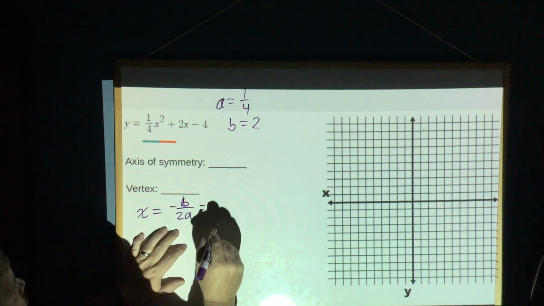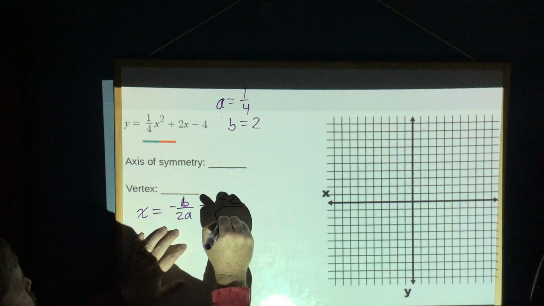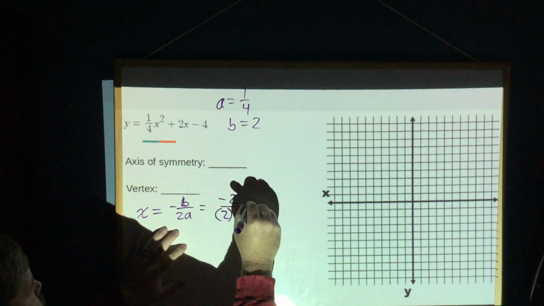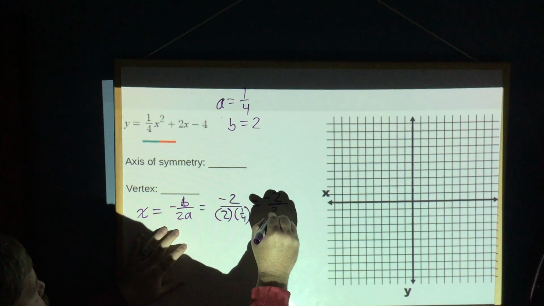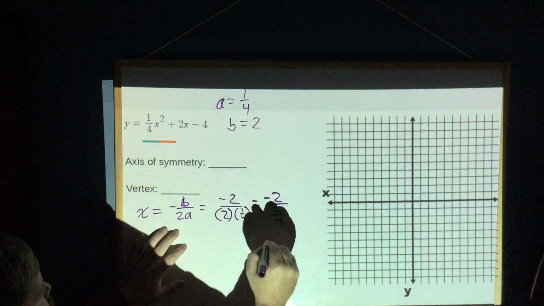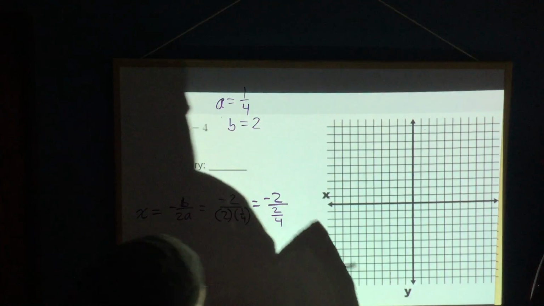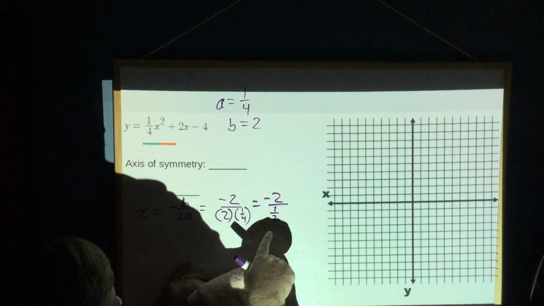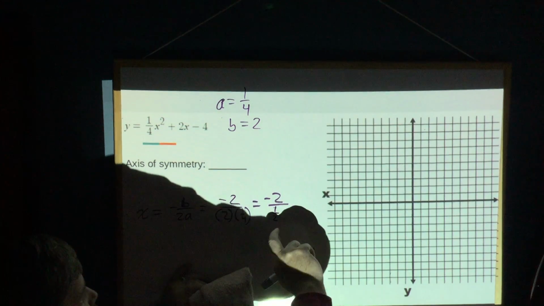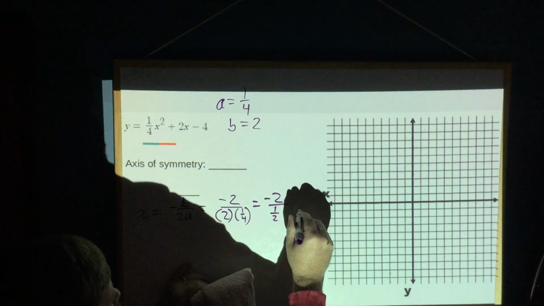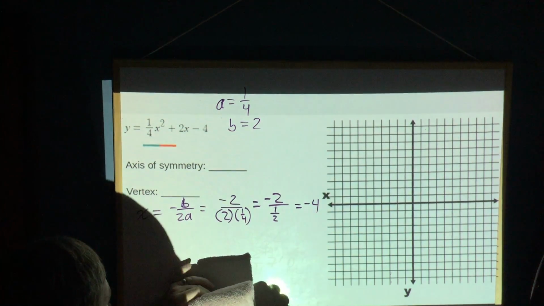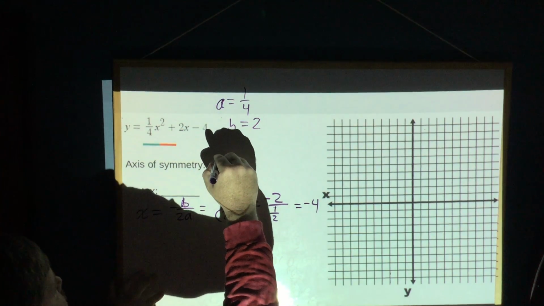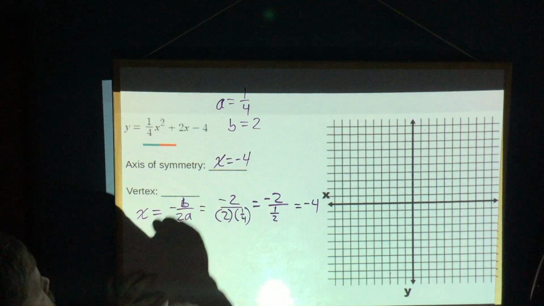That's going to be -2 over 2 times 1/4, -2 over 2/4, or 1/2 I should have wrote. We can fix that. And then dividing by 1/2 is the same as multiplying by its reciprocal, which is 2. So I'm going to get -4. So the axis of symmetry is x equals -4.